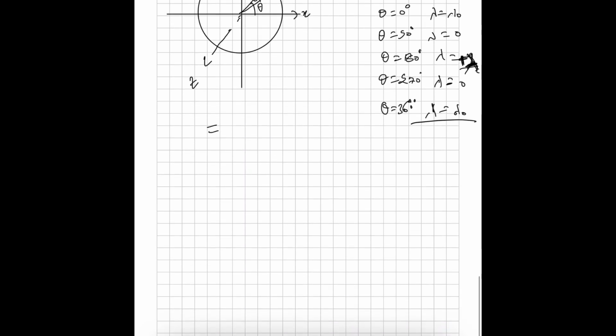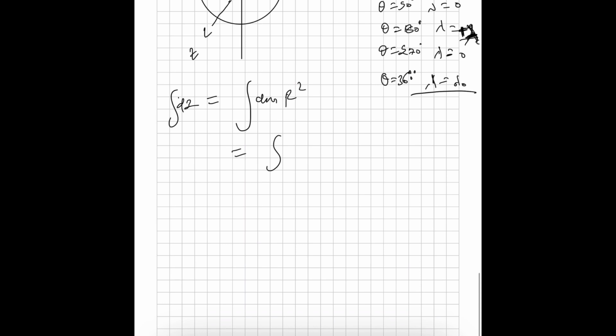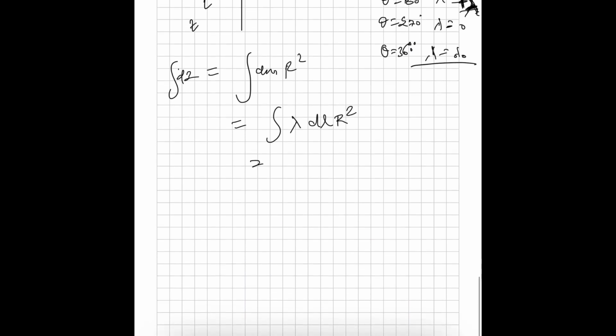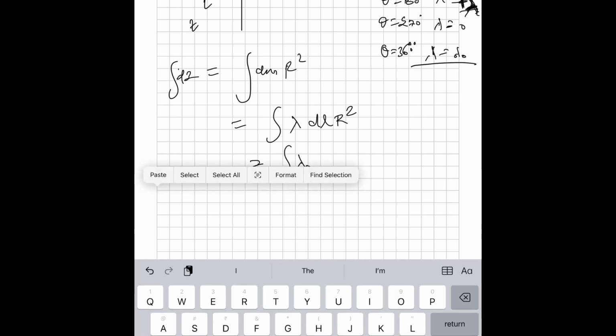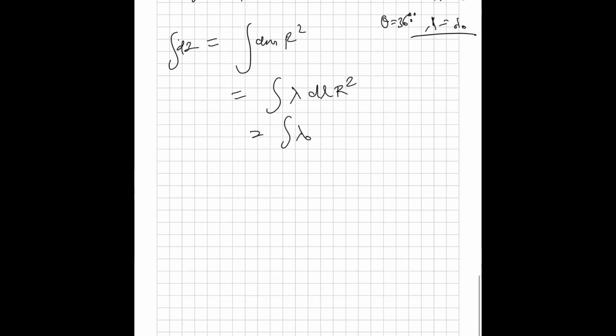Again, same thing. dI equals dm r square. dm is again lambda dl r square. Lambda is already given, that is lambda naught cos square theta, times dl r square. dl is r d theta.